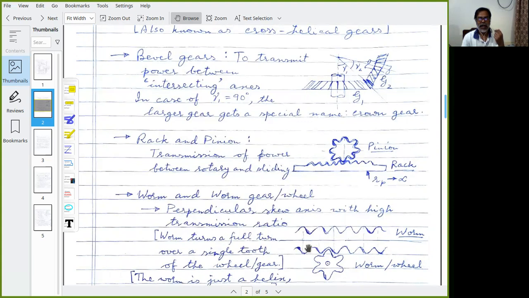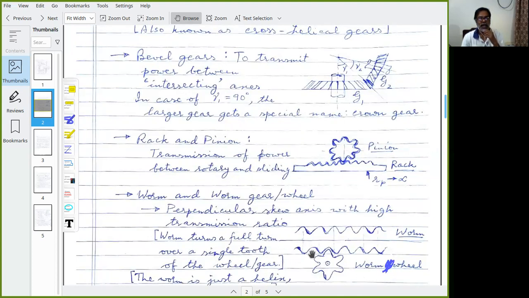So you cut a helix on this cylinder, that is the worm. And along a skew, perpendicular axis, you mount the other wheel, the worm wheel.